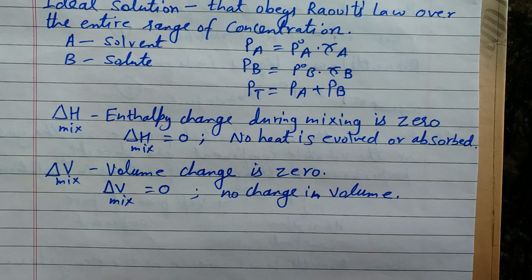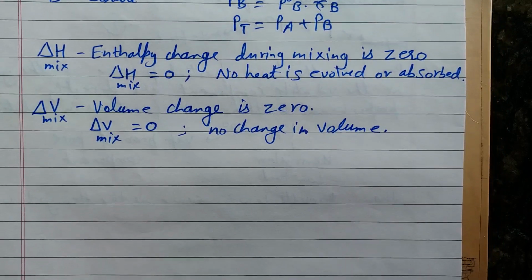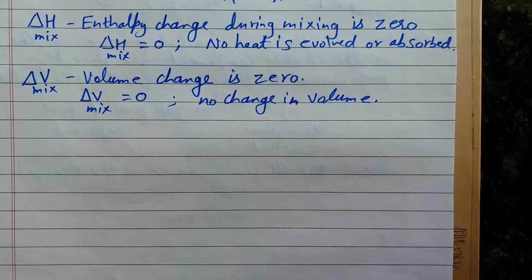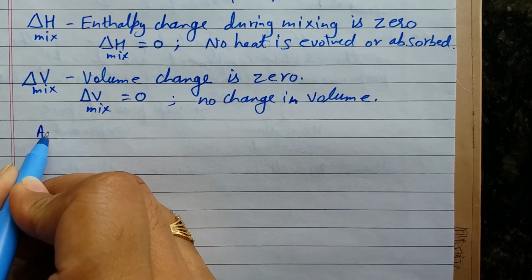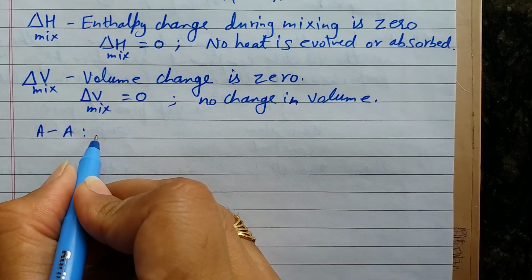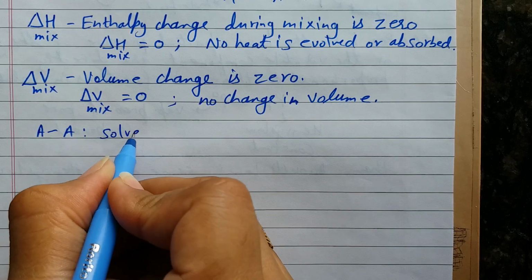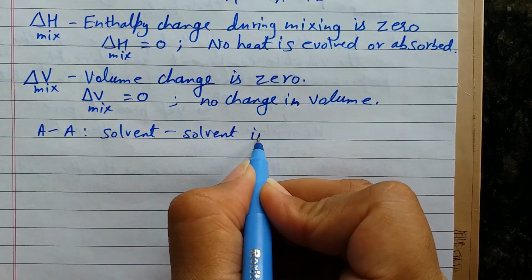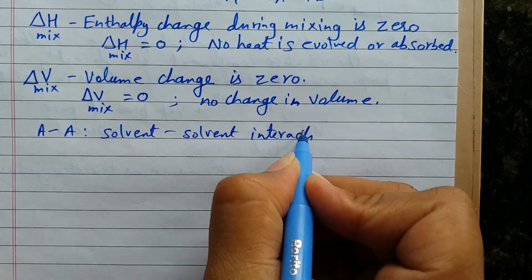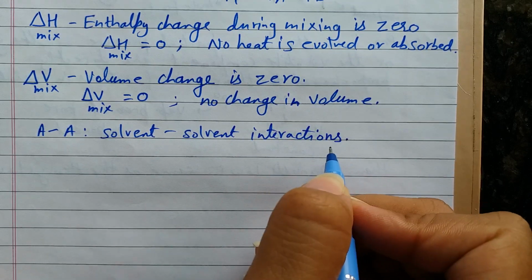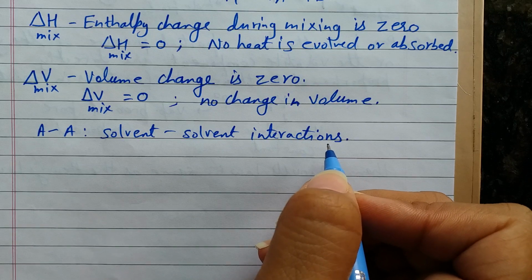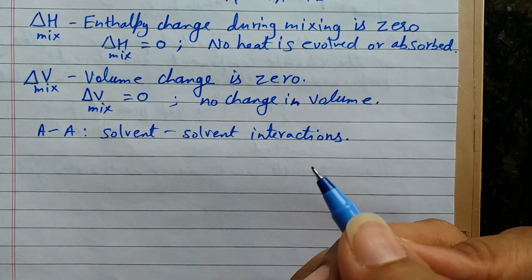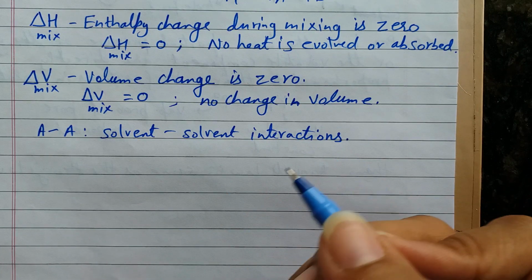Now we have to understand the reason why some solutions behave ideally, with no change in enthalpy or volume. For that, let's say AA represents the solvent-solvent interactions. If you take any solvent, let's say water, the molecules of the solvent also interact with each other.